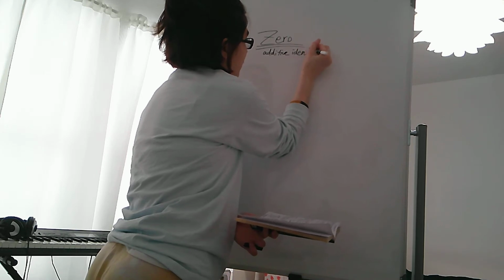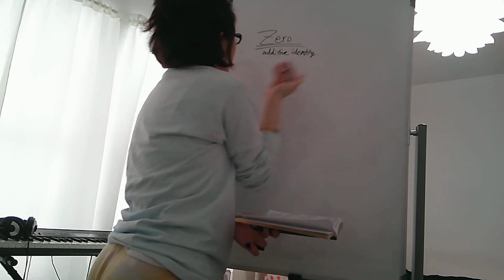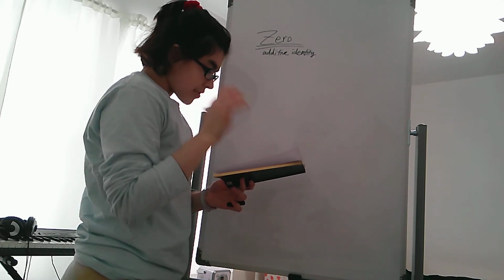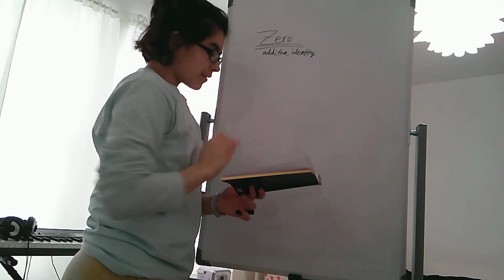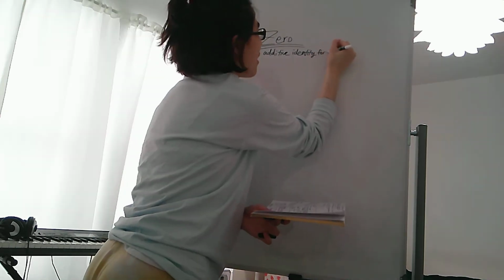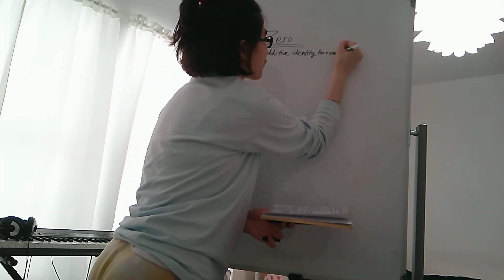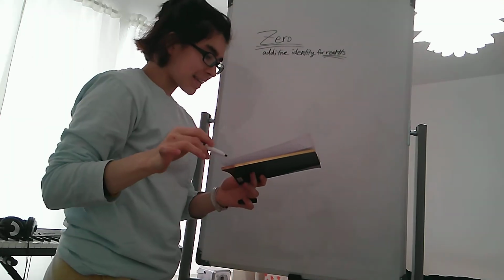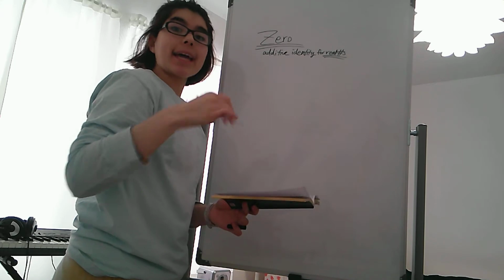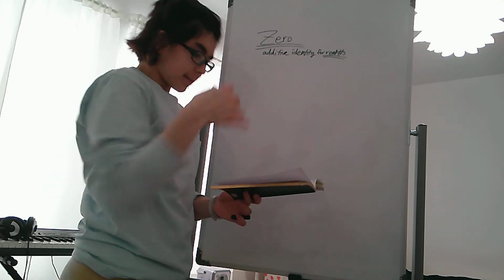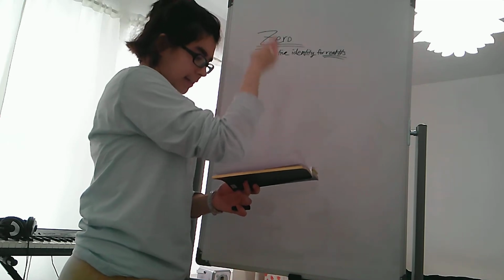So maybe this isn't a phrase you've tossed around very frequently, but it's an interesting one to know nonetheless. So when we say it's an additive identity for real numbers, so I should probably add that, for real numbers, not imaginary numbers, what that means is that when you add any number A and its opposite, you get 0, the additive inverse.